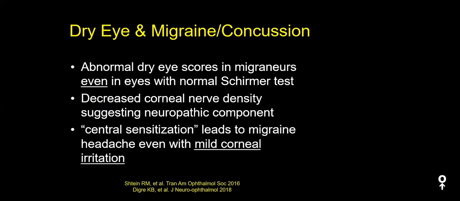Before I get off this topic of light sensitivity, we also now are screening very, very carefully for irregularities of the cornea or dry eye, as this may also tip off or mitigate the head pain that many individuals suffer, both in the setting of migraine as well as in concussion. And the reason for that is because the cornea, the front of the eye, that clear first set of layers, is the most highly innervated structure within the human body.